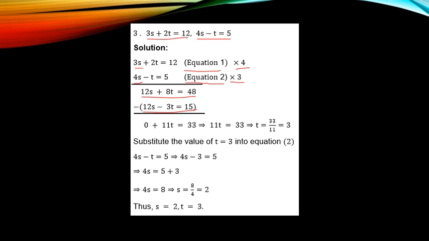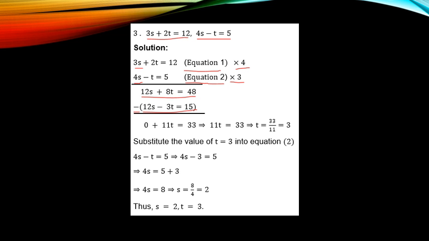That is why here you have subtraction. So that minus sign is to open equation 2. When you do that, you have minus 12s plus 3t minus 15 as the sign opens the bracket.